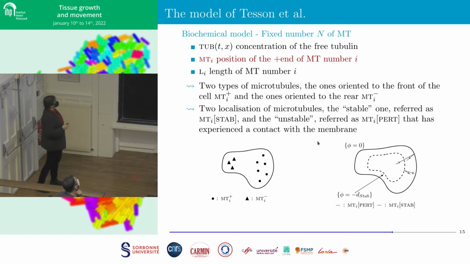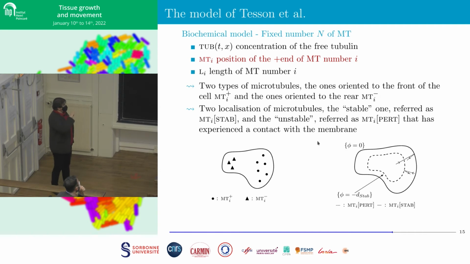Okay, so now the position of the microtubule. We have two types of microtubule: microtubule on the front of the cells and microtubule in the back of the cells, plus for the front, minus for the back.